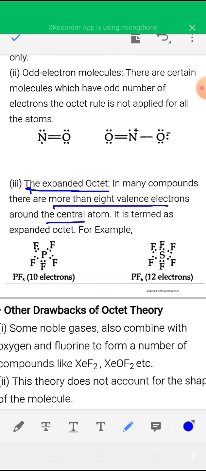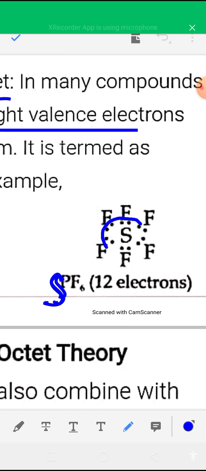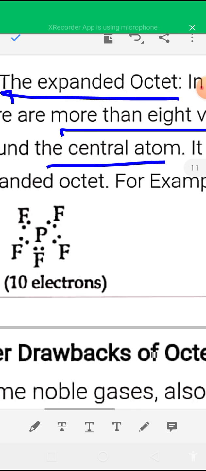For example, in SF6, sulfur hexafluoride, the sulfur atom has a total of 12 electrons in its valence shell, although this compound exists.